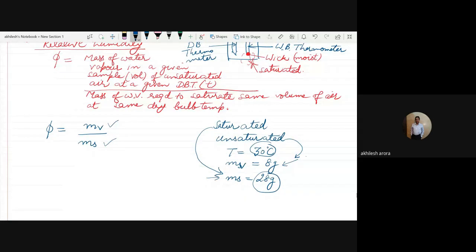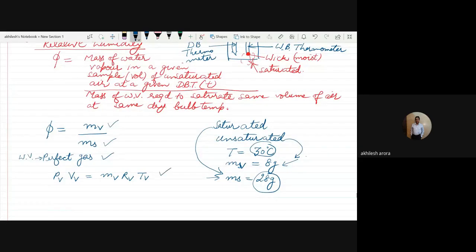Now what I can do is assume that this moisture is behaving as a perfect gas. Because the water vapor is either superheated or dry saturated, I am assuming that it is behaving as a perfect gas, though it is not a perfect gas. So I can always write the equation pv Vv is equal to mv Rv Tv.